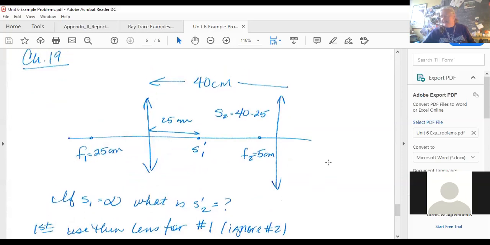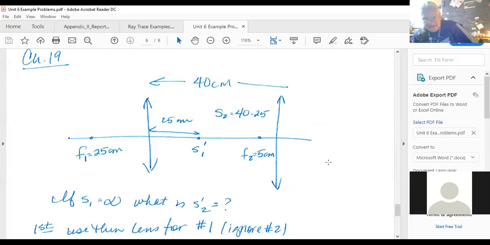This is chapter 19, problem 60, and it says a lens with a focal length of 25 centimeters is placed 40 centimeters in front of a lens with a focal length of 5 centimeters.